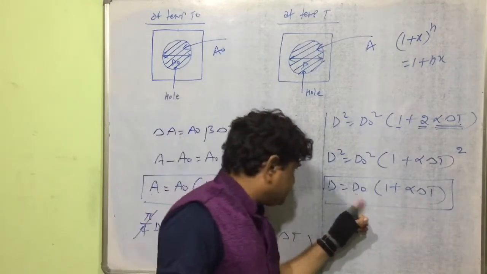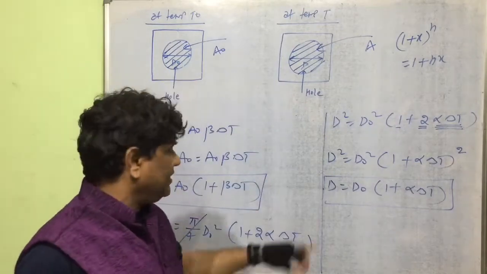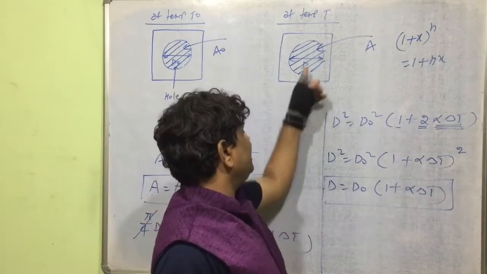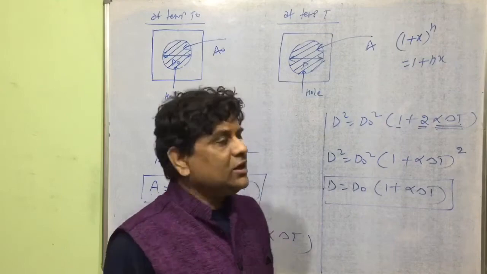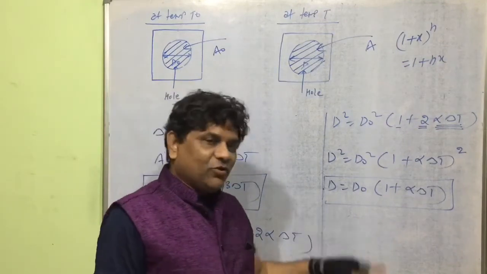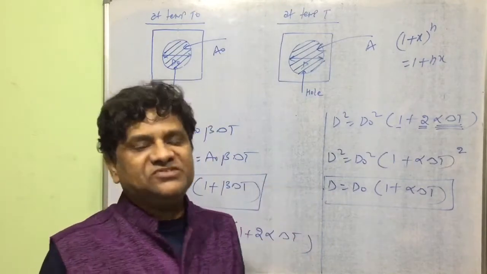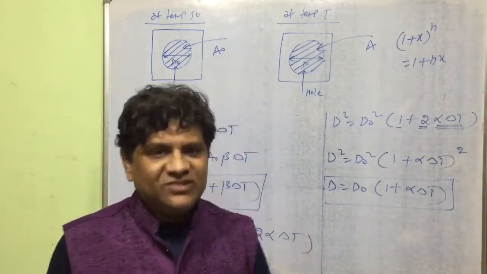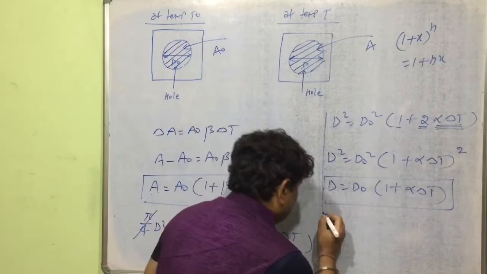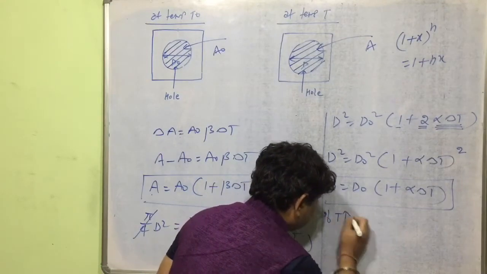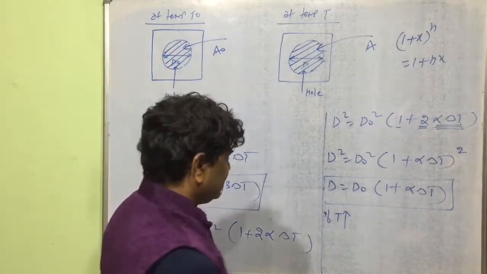So this d naught is the initial diameter of a hole of a square plate, and here d is the final diameter of a hole of a square plate. So the diameter of a hole of a square plate may increase or decrease, depending upon the change in temperature. Yes, if temperature increases, what does it mean?